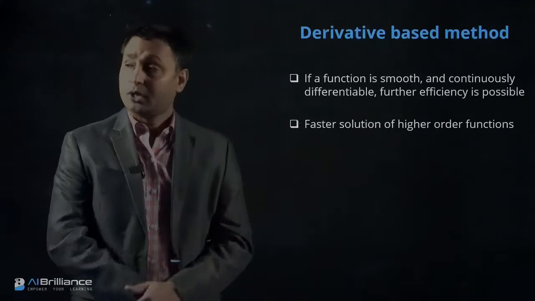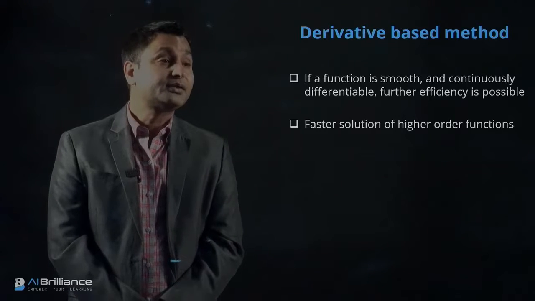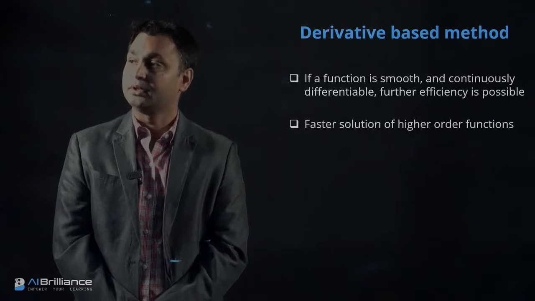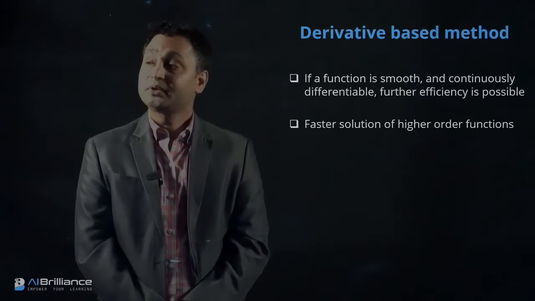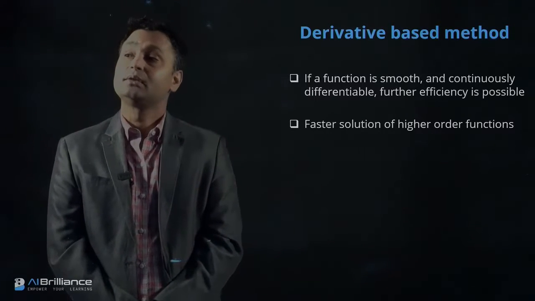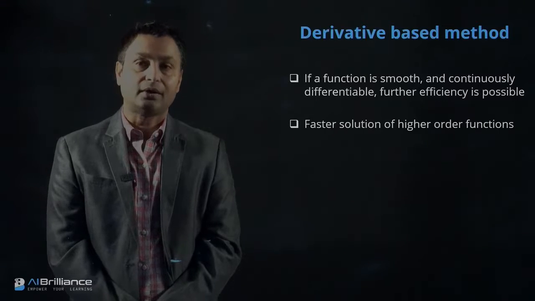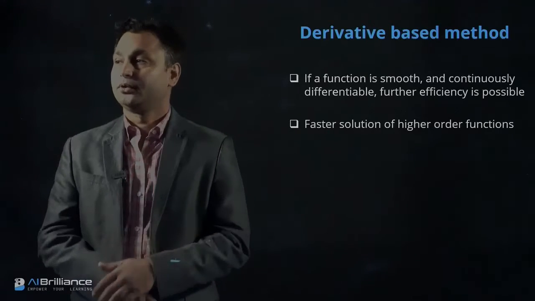Before I go on to the intuitive aspects behind the Newton-Raphson method, I want to mention that this is a very important class of algorithm, especially from the machine learning point of view.